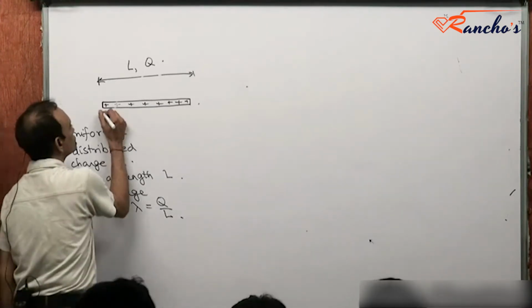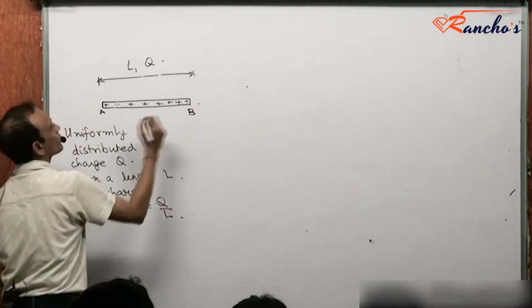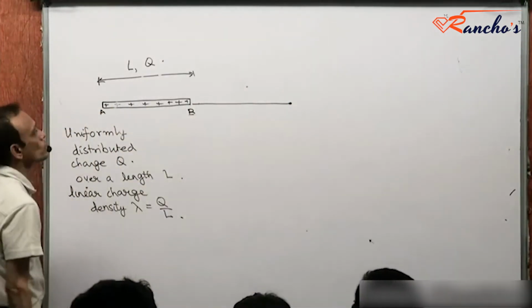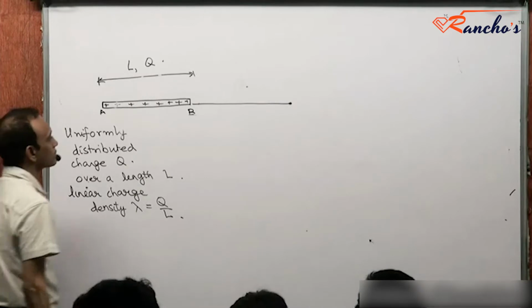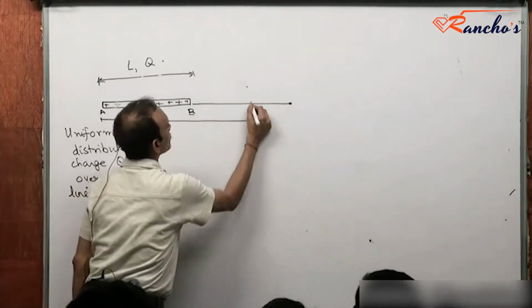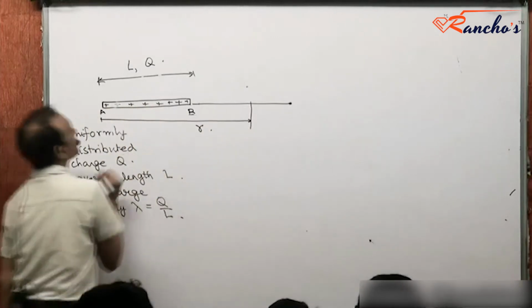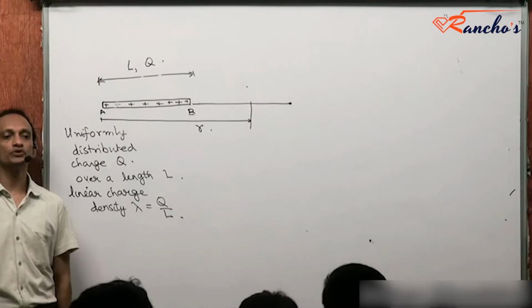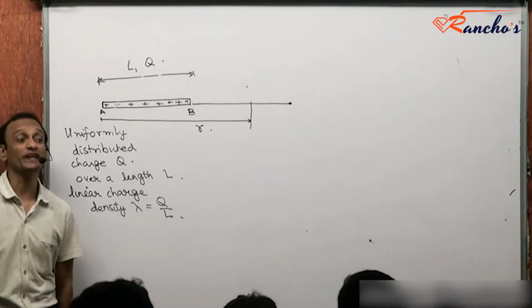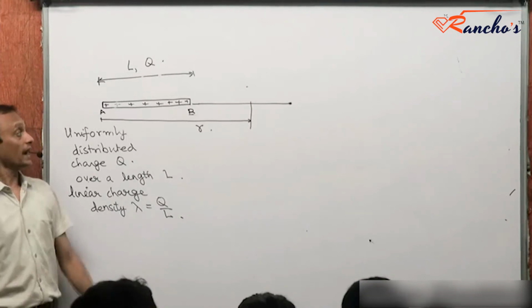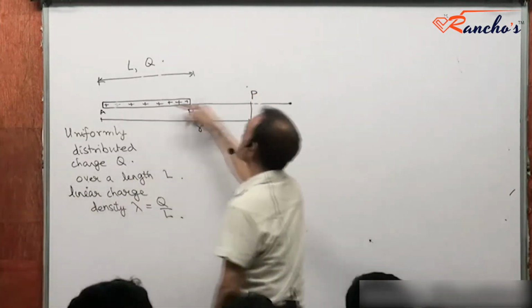Now, say at a distance r from A, I want to compute the potential at this point P because of this collection of charges.